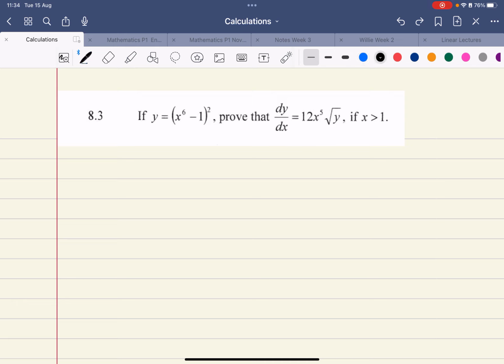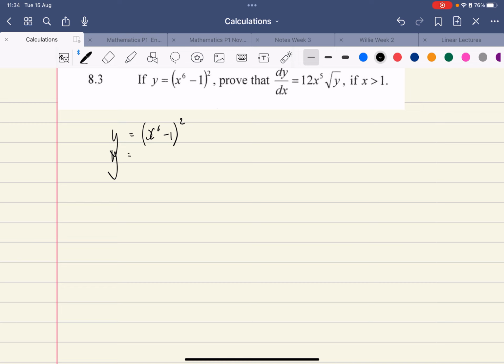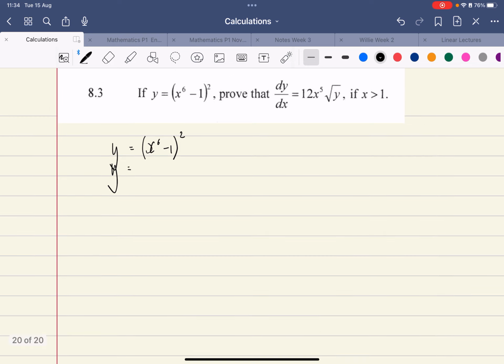Let's just work with what we've got. So we want to find a derivative of y, so let's do that first. y equals (x to the power of 6 minus 1) to the power of 2. Let's expand this out to make it easier to find the derivative of. That will be (x to the 6 minus 1)(x to the 6 minus 1).